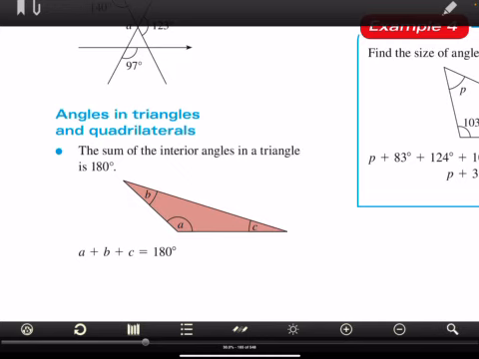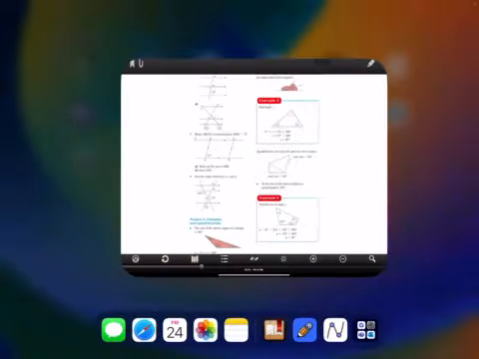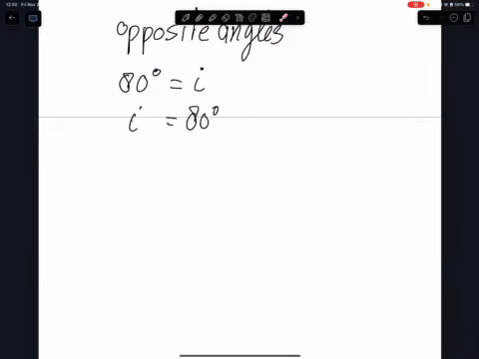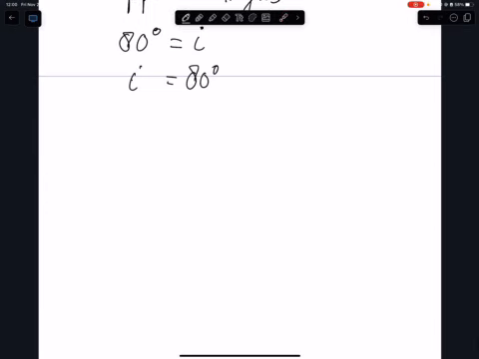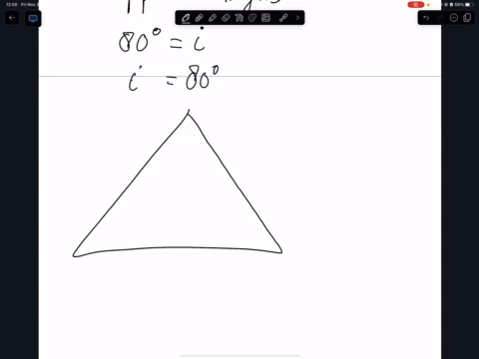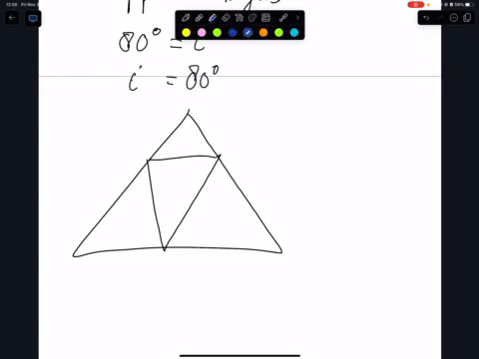All triangles are 180 degrees. All triangles are 180 degrees. Do not forget. Now, I'm going to do something. You should be able to see something like this. I'm going to draw them so you see it more clearly. You have this.